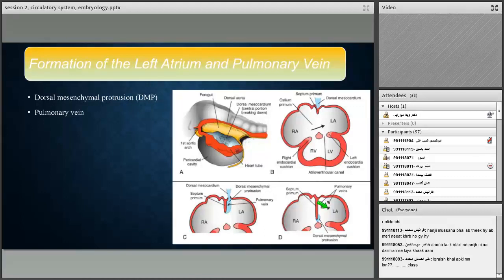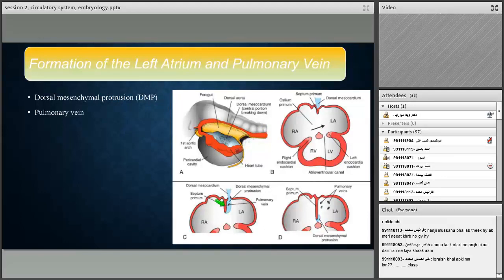Okay, so generally we have the dorsal mesocardium. At the caudal side of the dorsal mesocardium, we have a part with the name of dorsal mesenchymal protrusion. This protrusion is proliferating and growing toward the atrioventricular canal with the septum primum.